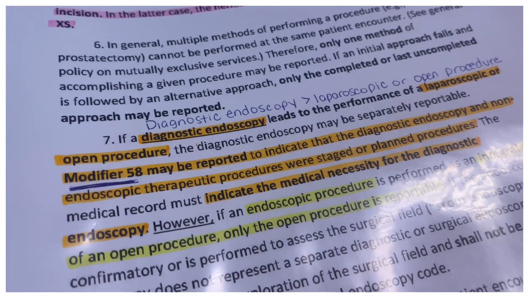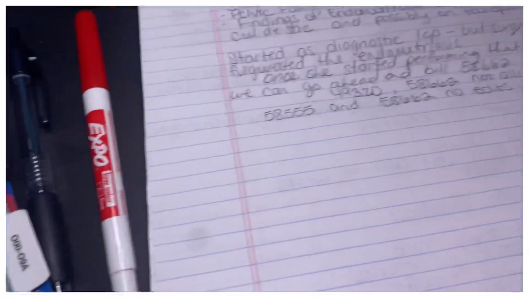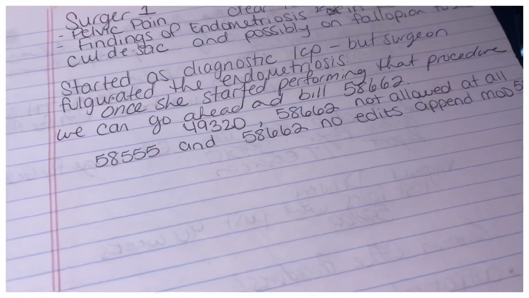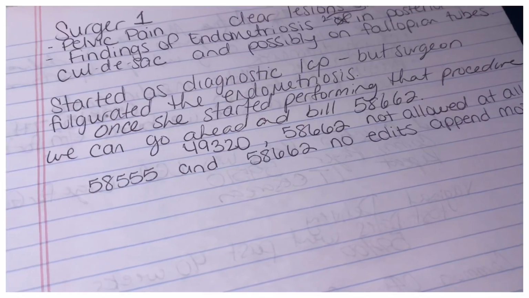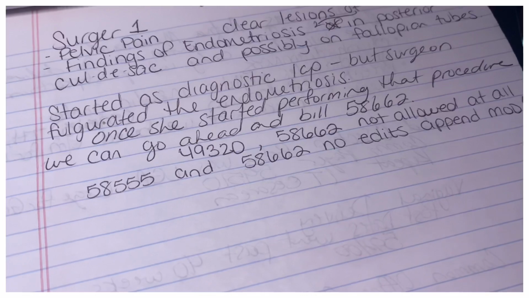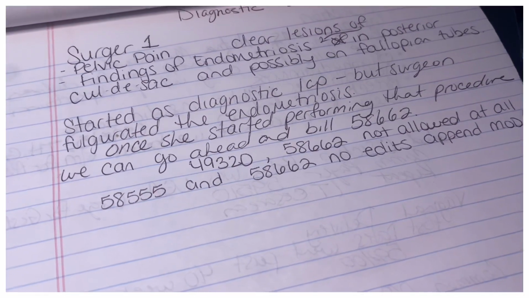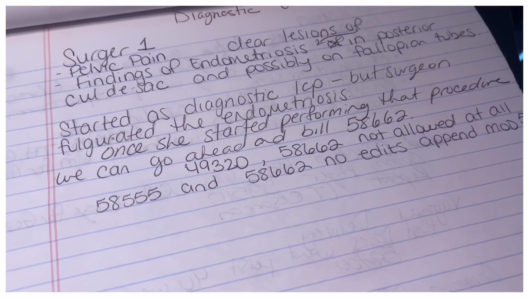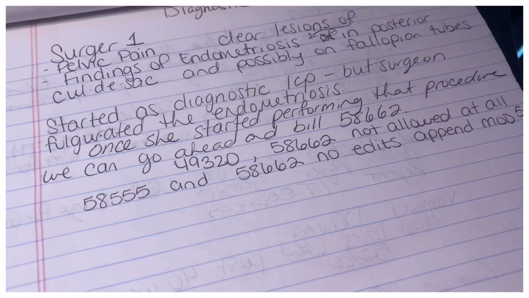Like, these are two different scopes being used. And I did run my codes through our little NCCI editing tool where I put the 49320 and 58662 to see if they are allowed to be billed together, and they are not. No modifier can be used in order to bypass the NCCI edit for those two codes.